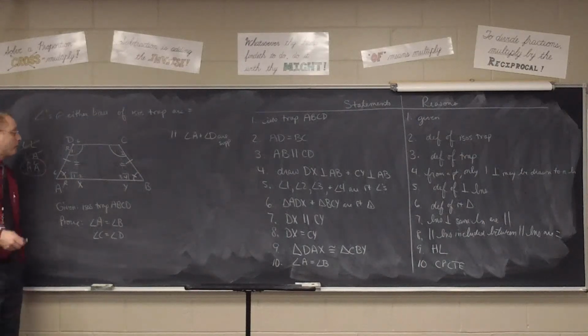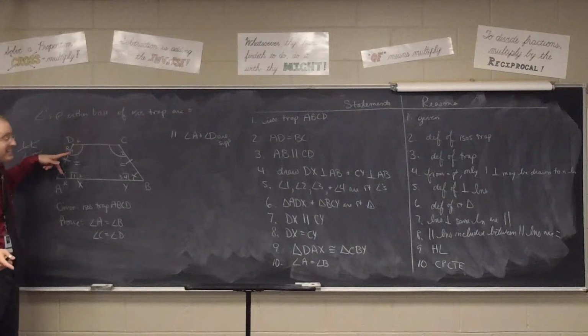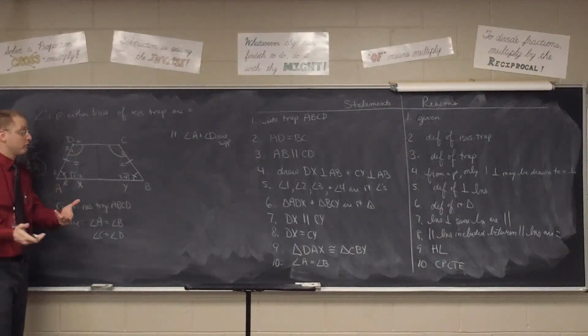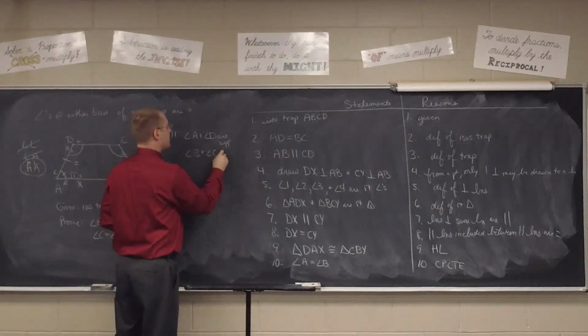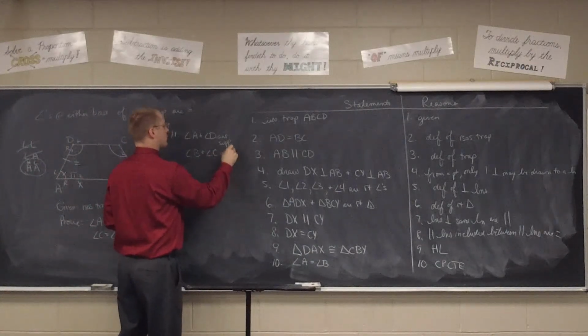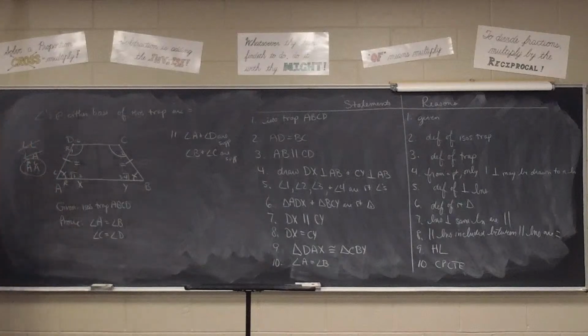But for that matter, if that's true of A and D, it's also true, class, of C and B. So angle B and angle C are supplementary, because if two parallel lines are cut by a transversal, the two interior angles on the same side of the transversal are supplementary.